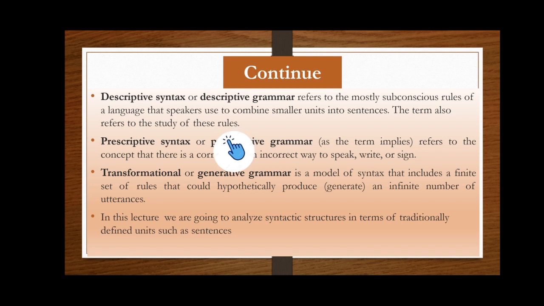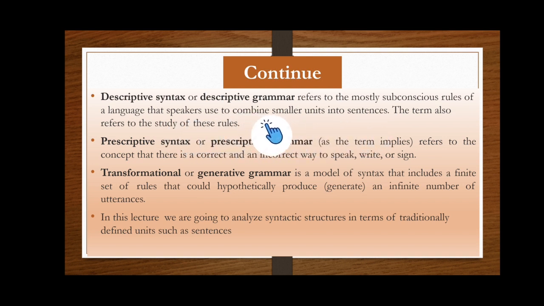As I told in the previous slide, the linguists listen to the people, how they actually speak the language or what kind of knowledge they have about the language. So descriptive grammar refers to the mostly subconscious rules of a language, because we have learned subconsciously the rules of a language, how we should combine words together and form a sentence. So the speaker uses them to combine smaller units into sentences.